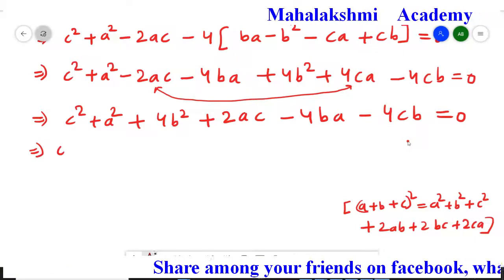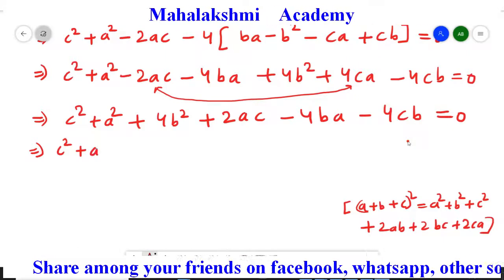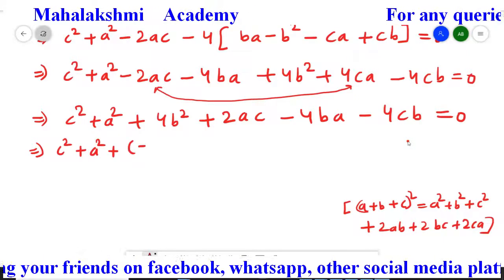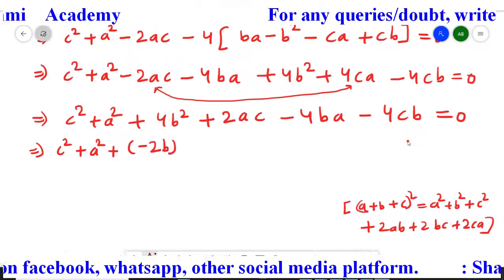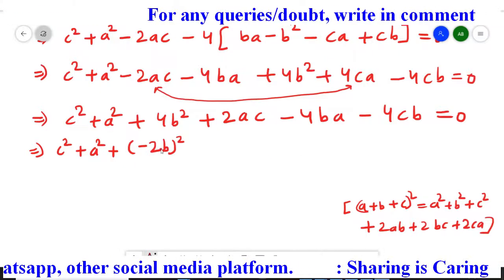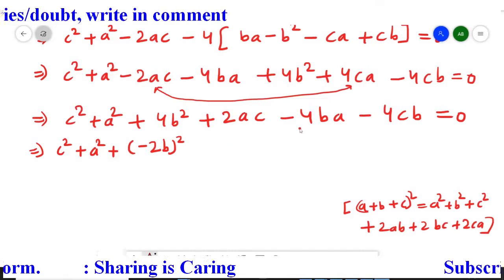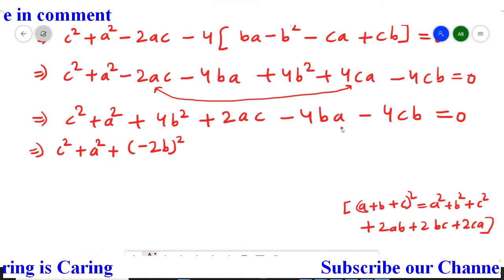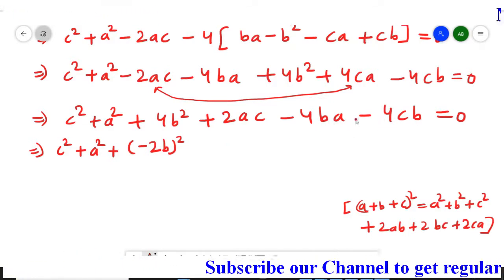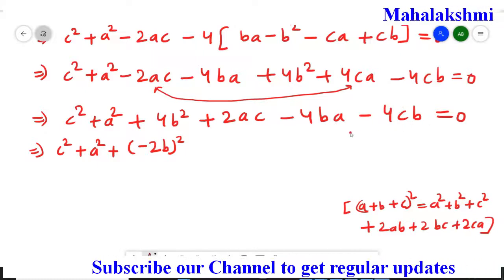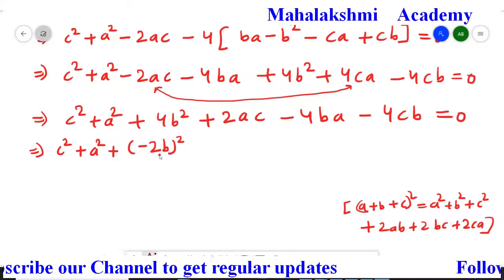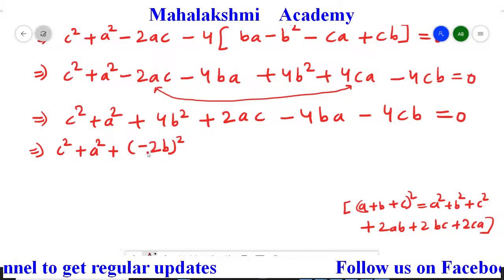c square plus a square plus minus 2b square. Now why among all these three did I take minus sign in this only? Because whatever negative term appeared in them, b is common. Since b is common, the b term is surely going to be negative. That's why I put minus sign here.